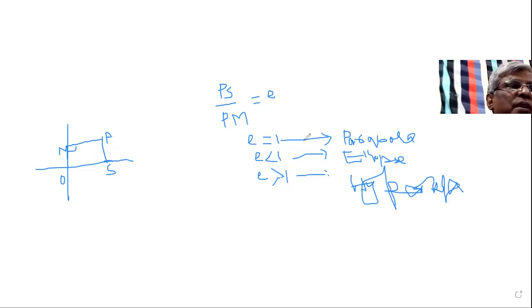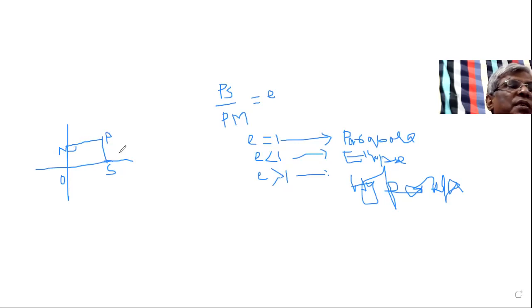PS upon PM is equal to 1. If PS and PM are both equal, then you get a parabola. If e is less than 1, it means PS is lesser and PM is greater, so this distance is small and this distance is greater. Suppose this is 20, then PM is 25.